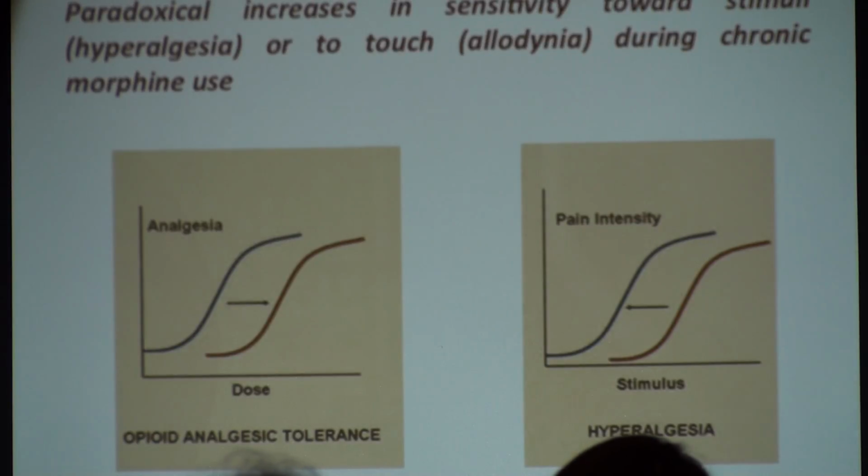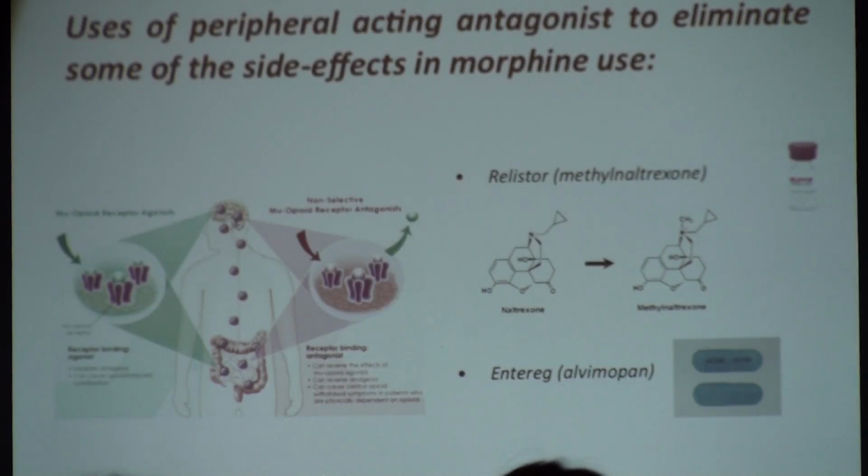It's supposed to be pain relief, but they're more sensitive to pain. They're more sensitive to touch, okay? Sometimes more sensitive to pressure, everything. This is not to talk about all the tolerance and hyperalgesia, just to give you an idea what problems we face.